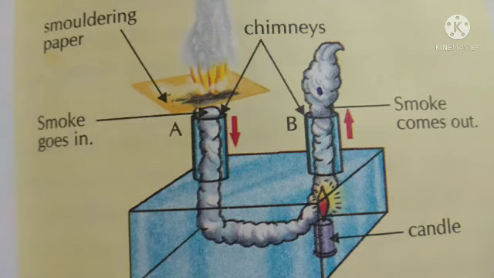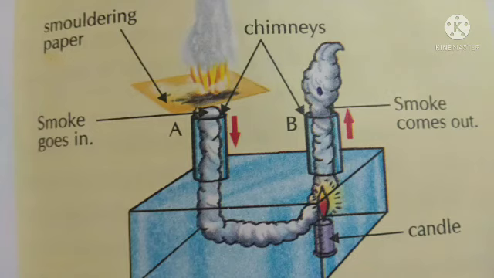In this picture you can see that the lighted candle is in one of the chimneys, chimney B. And you can see a burning paper near the mouth of the other chimney, chimney A. You can see that smoke enters the box through chimney A and comes out from chimney B.